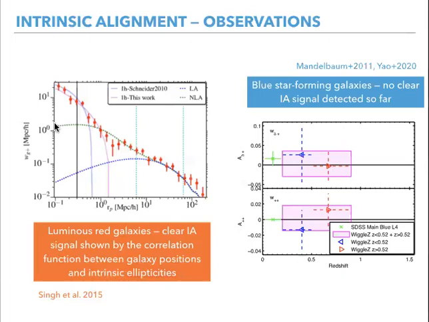However, if we go to smaller scales, for example here, the nonlinear alignment model doesn't work. This is because the small scales are complicated by nonlinear and also baryonic physics.